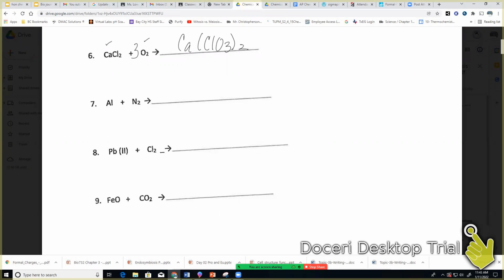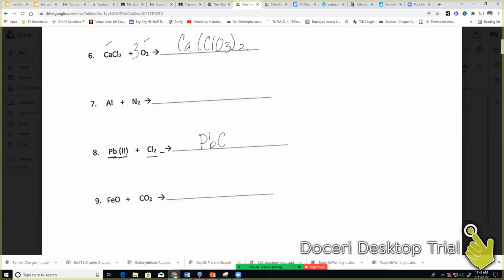All right. If you look at number 8, I'm going to touch on number 8. If you look at number 8, there's a Roman numeral behind it that says 2. That's usually what we see in formulas with transition metals. That does not mean that this lead has a charge of +2. That means when it combines over here, then it's going to have the +2.